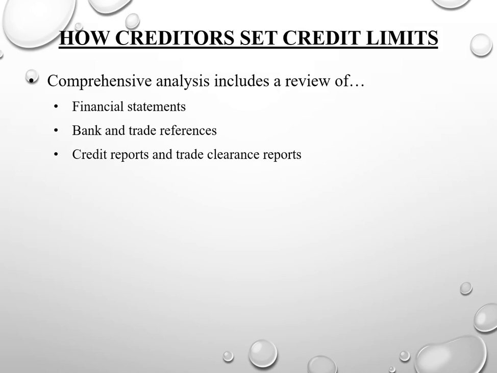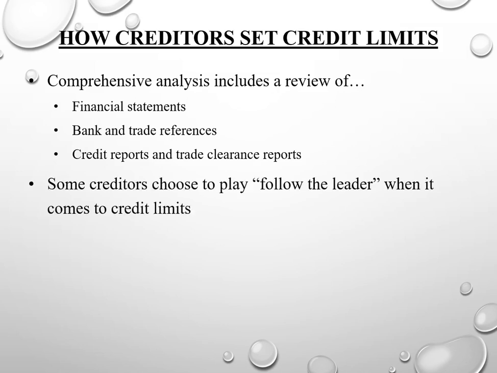Now notice this says it includes a review. There are other facts and factors that can be included in the process of evaluating the risks associated with doing business on open account terms, and then setting a credit limit that is appropriate to that level of risk.